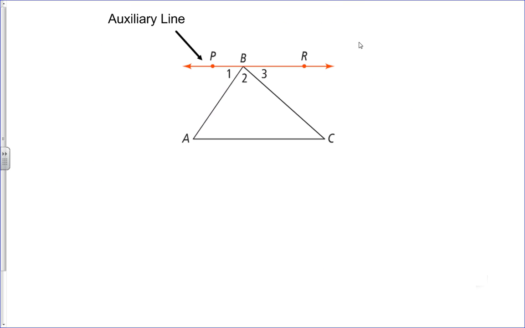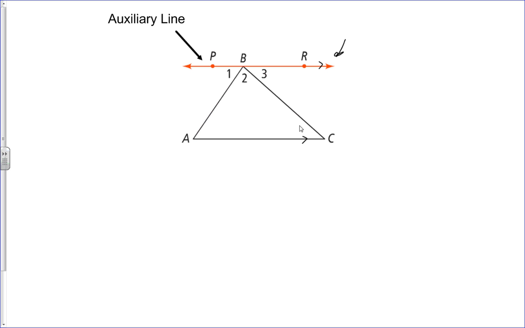An auxiliary line. This was our first vocab word. Auxiliary lines are lines you add to help aid in proving stuff. So now this auxiliary line here, when we drew it in, it was drawn parallel to line AC.